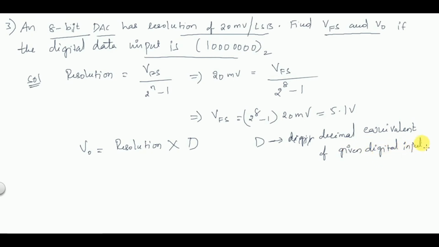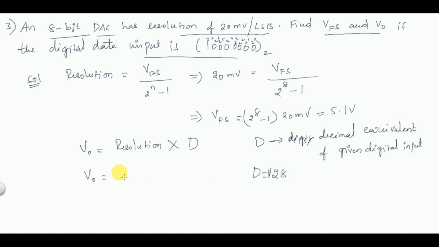That means you have to convert the given binary value into the corresponding decimal. So D is equal to 2 power 0, 2 power 1, 2 power 2, 2 power 3, 2 power 4, 2 power 5, 2 power 6 and 2 power 7, which is equal to 128. So D is equal to 128.